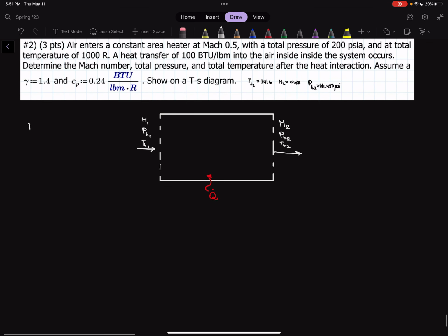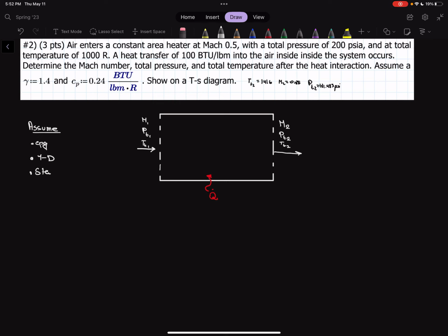Now, what am I going to do? We're going to write the assumptions here. So what are the assumptions? Well, CPG, because we see gamma. And then we have 1D flow, because we're summarizing the whole cross-sectional area of the flow with a single number per each property.